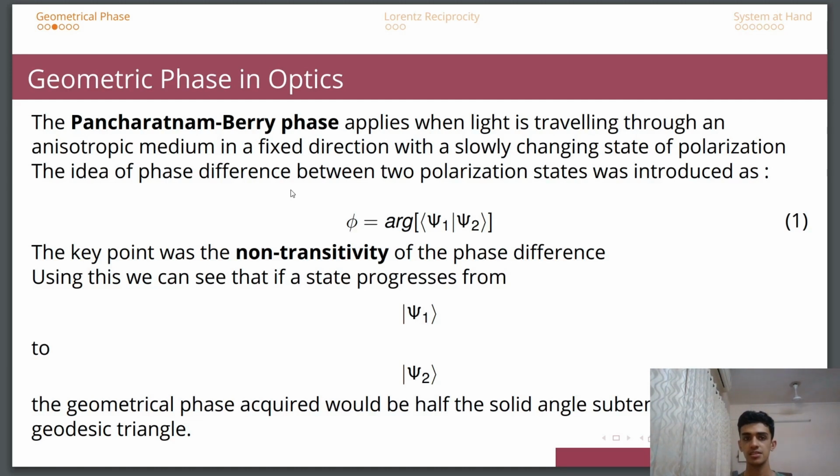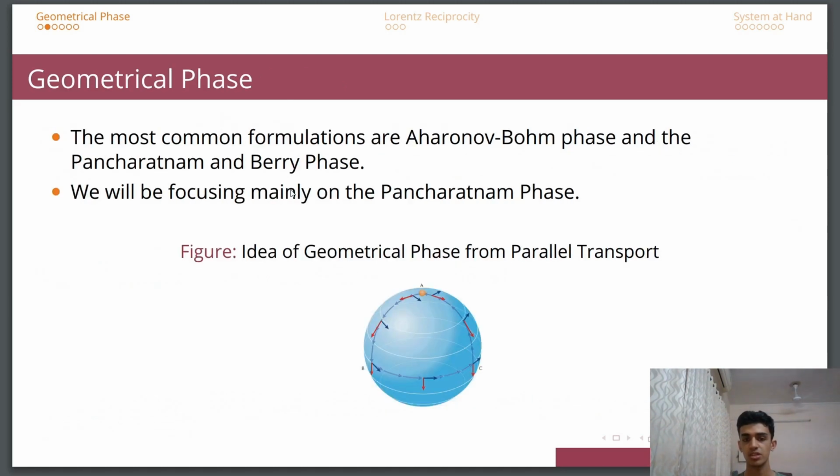Because this phase is usually applied to the case of light, its polarization vector. So even the polarization vector of light can be thought of in this way. Thus, as we change the parameters of the system, the polarization vector transforms on a sphere in some sense and acquires a geometrical phase. This is the idea of how geometrical phase comes into the picture in optics and polarization.